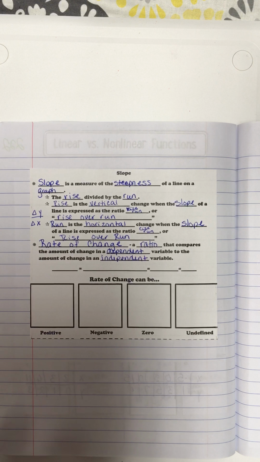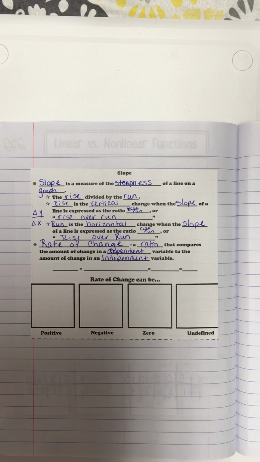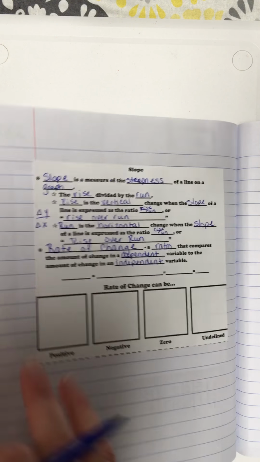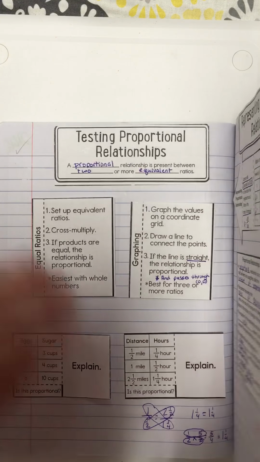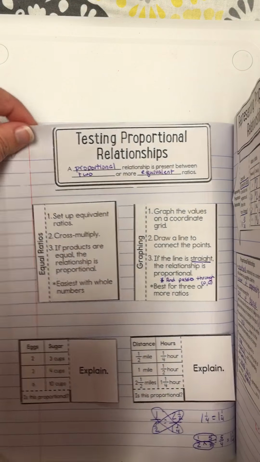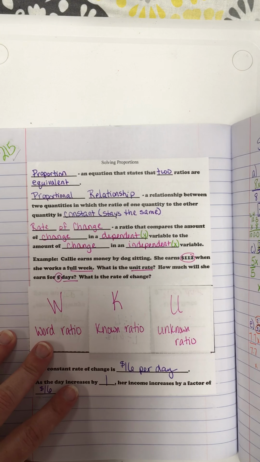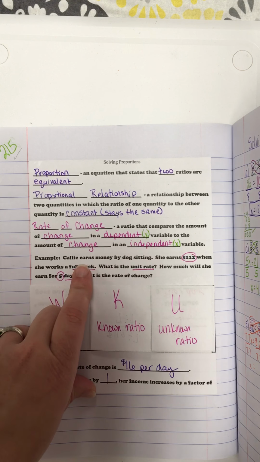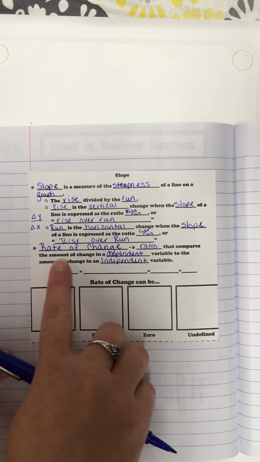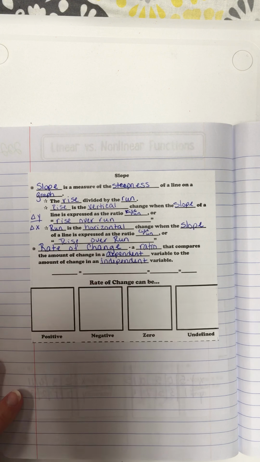This should sound exactly like what we did a few pages back when we talked about solving proportions. So rate of change, a ratio that compares the amount of change in a dependent variable to the amount of change in the independent variable. Same thing here, rate of change. Okay, so this is not new material.